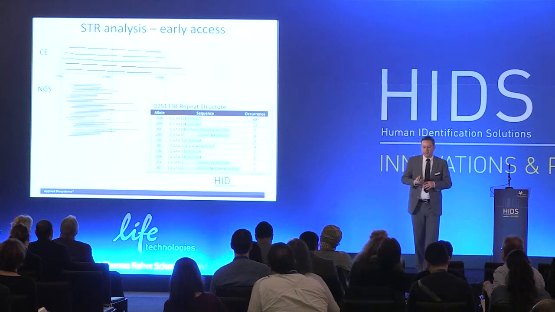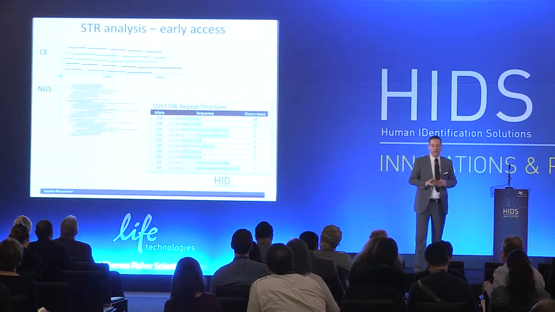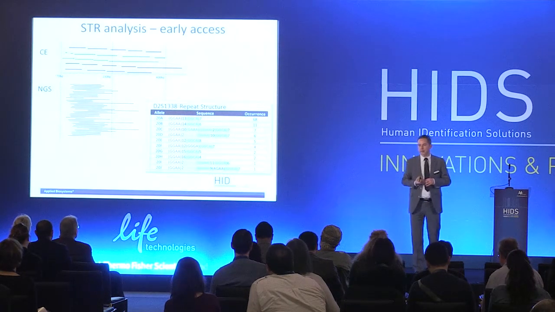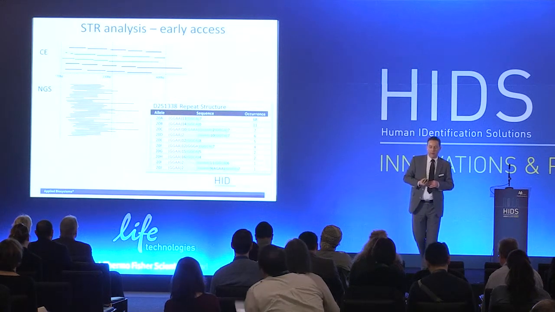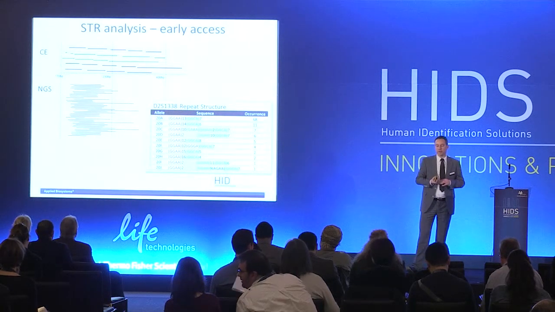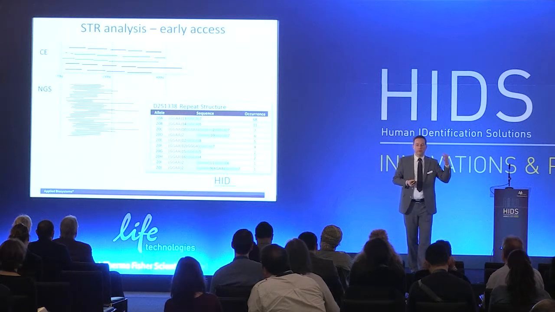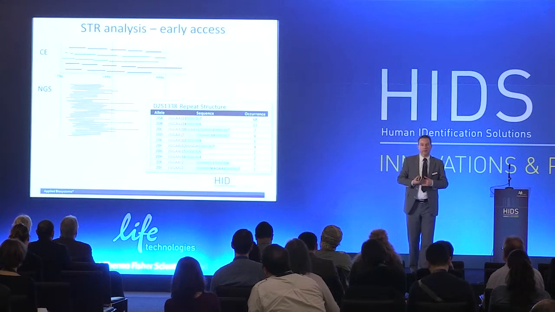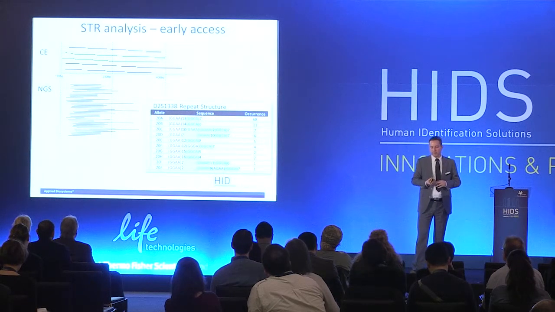Yeah, STR analysis, we are currently in early access, which means we are providing kits or panels to early access test site labs. On the upper left half of the image, you see a CE picture, fragments, and below you see NGS. So this is a shift in the mindset of how you analyze the data: millions of reads for a specific region.